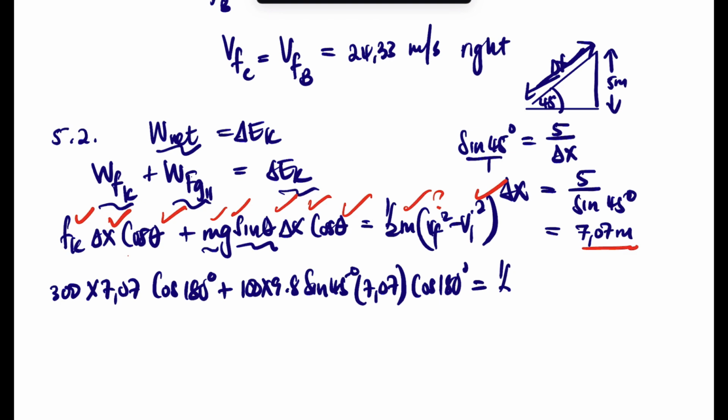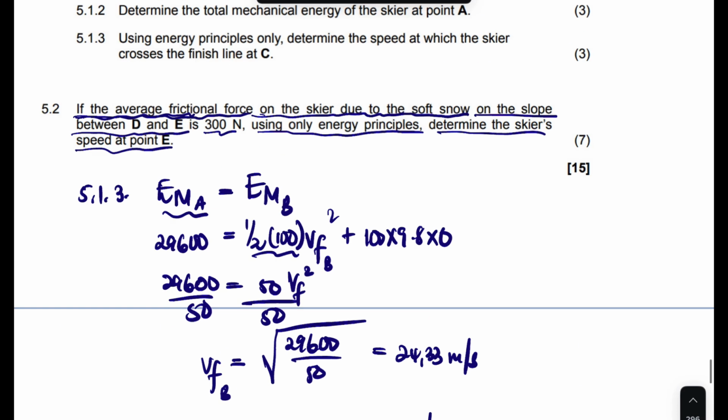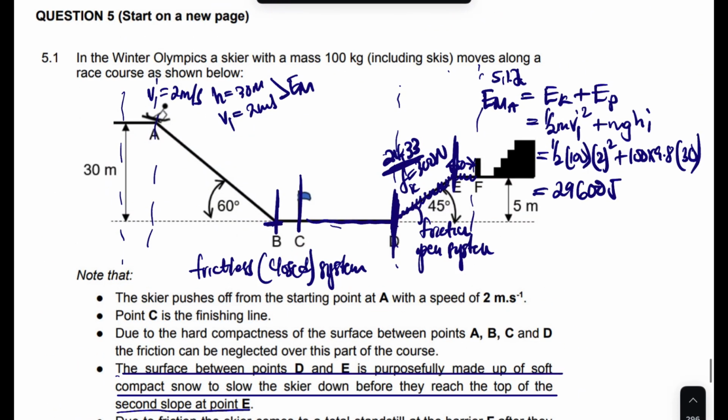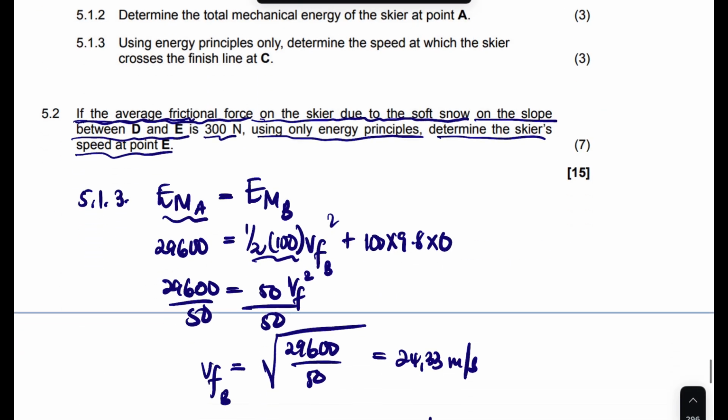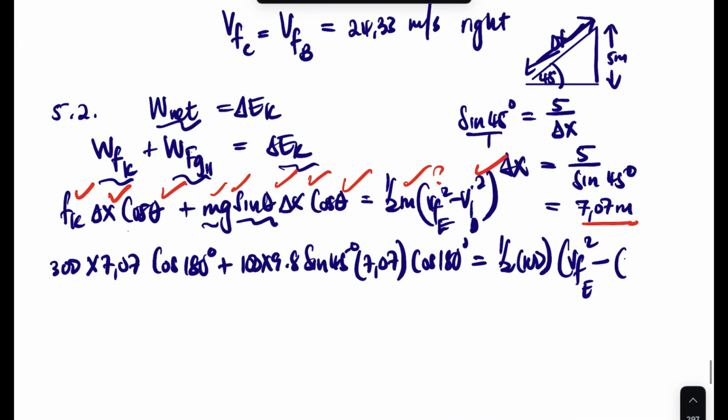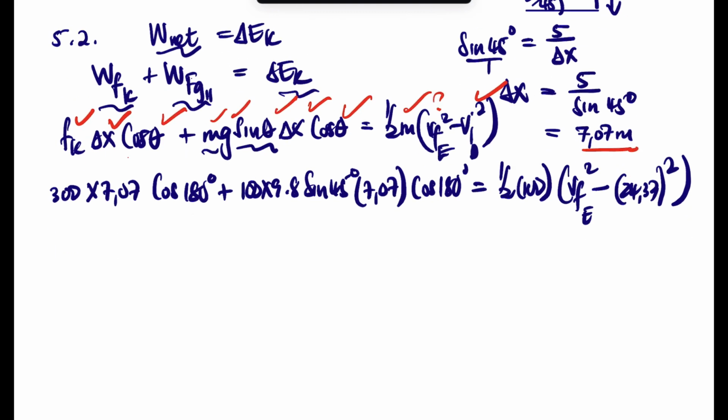This is equal to half, the mass is 100, and the final velocity is the one we're looking for, the final velocity at E, minus the initial velocity at D. Remember at D, I said the speed is 24.33 squared.